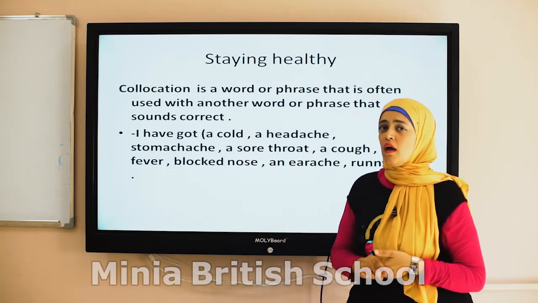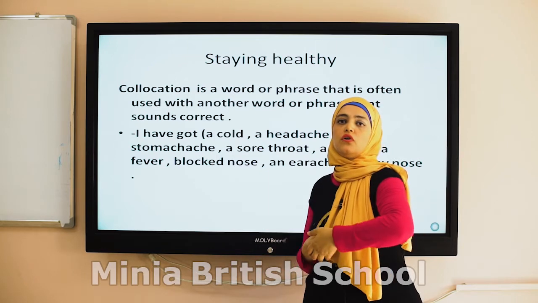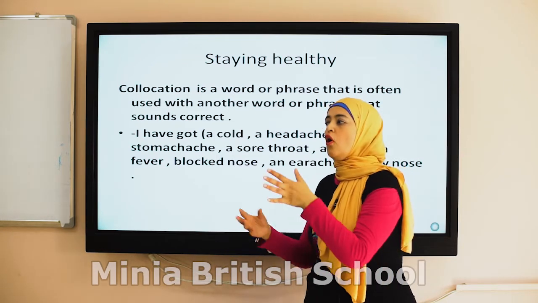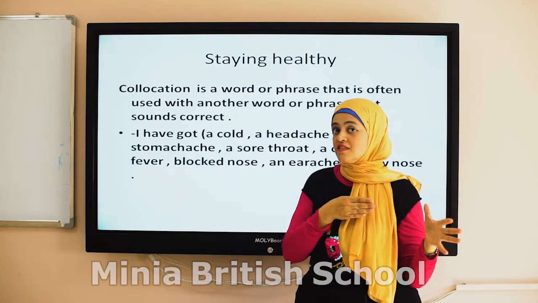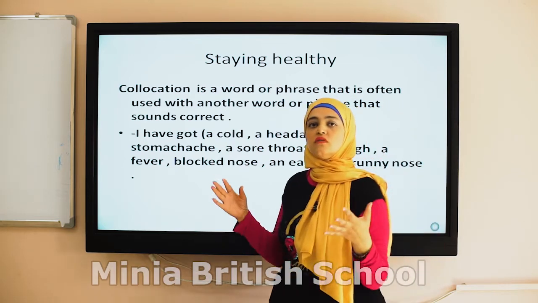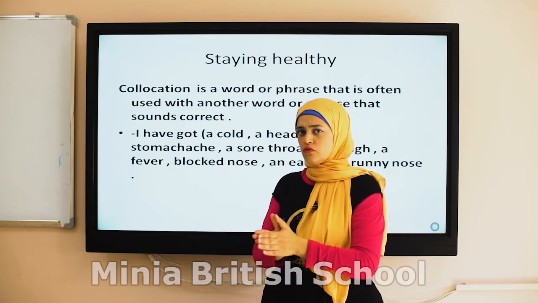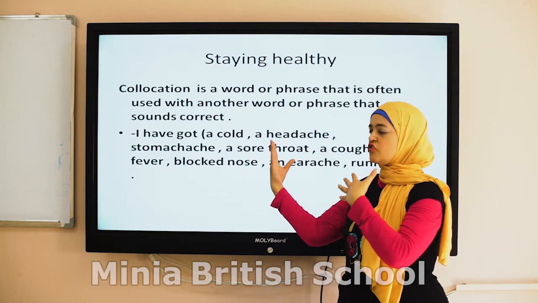Like when we use questions like what's wrong with him, what's wrong with you, what's wrong with her, what's the matter with him, what's the matter with her, or what has she got, or what have you got. We found that we used all the time I have got, he has got, she has got. Which collocations do we use here?